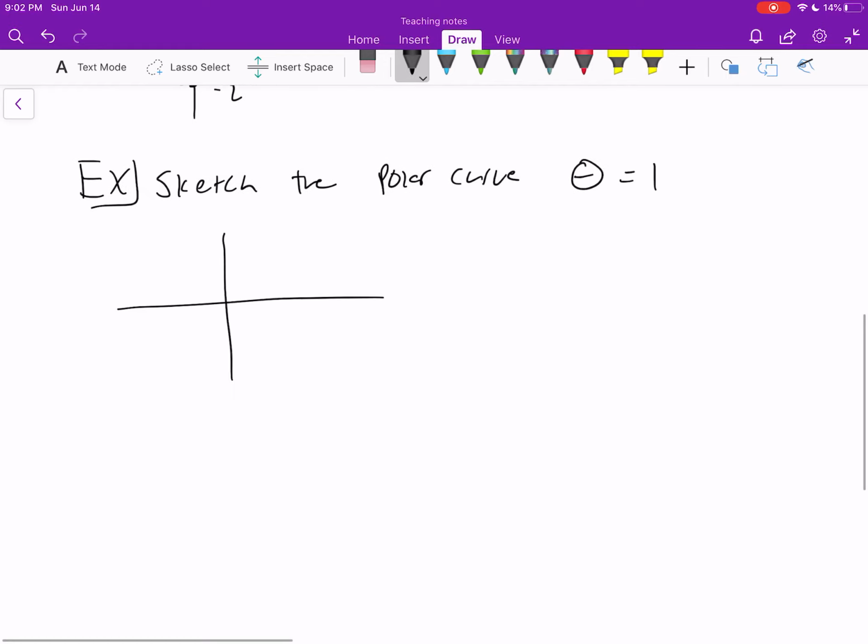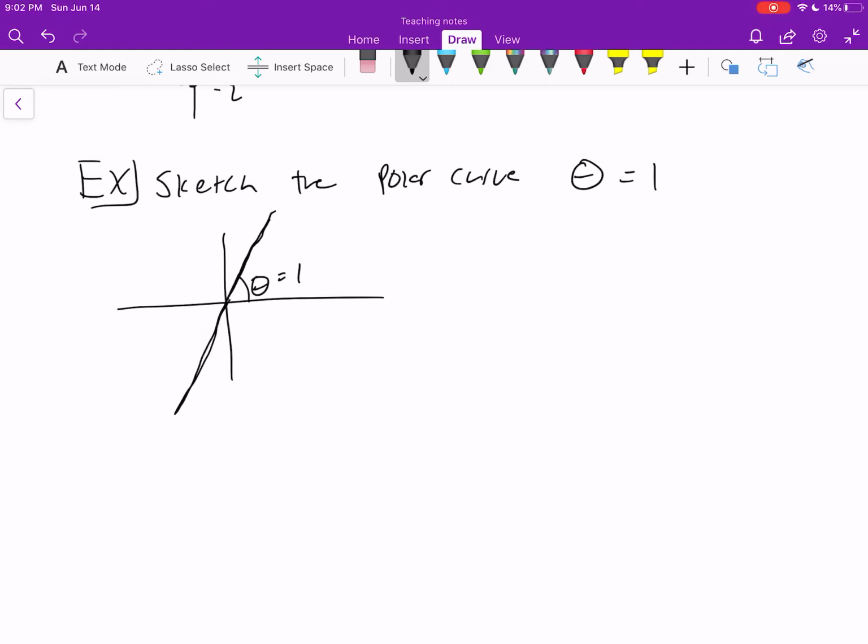So again, we're looking for points, so 1 is less than pi over 2. So maybe this is the angle theta equals 1 there. And I've already started here. Every point on this line lies at an angle theta from the origin.